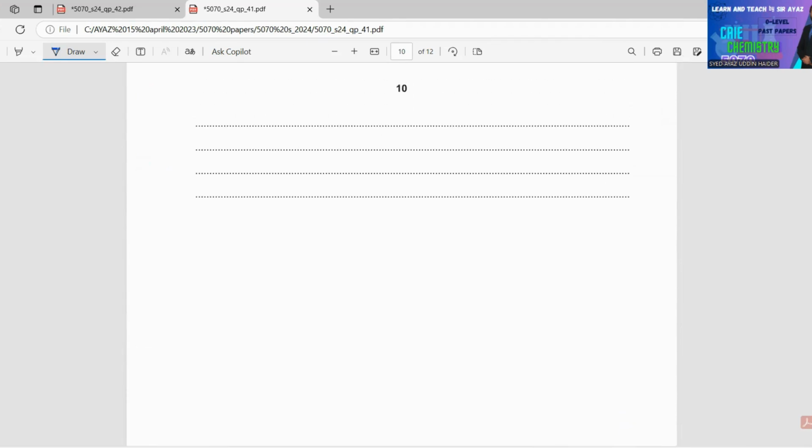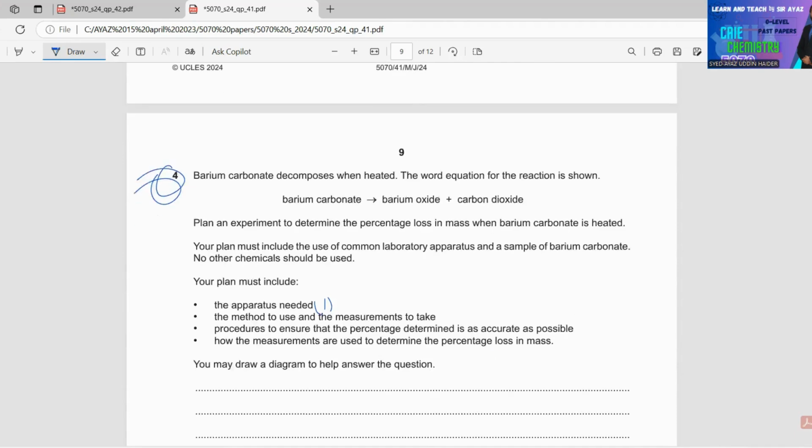So you can have a Bunsen burner like this. You can have a tripod stand. Bunsen burner. 1 mark for this.